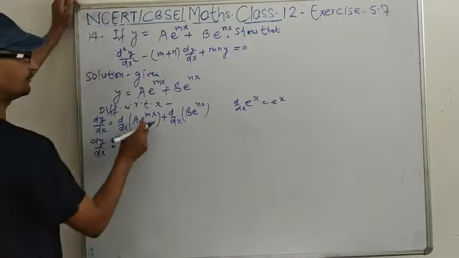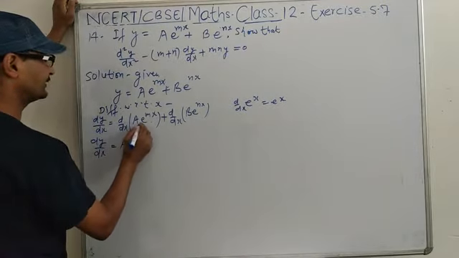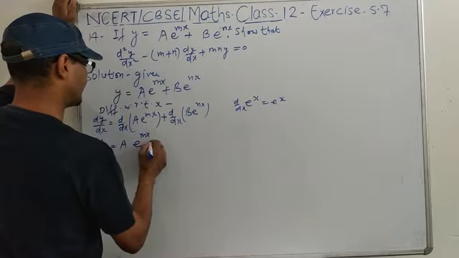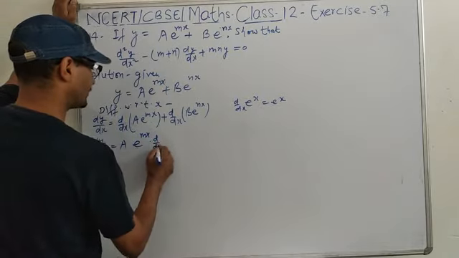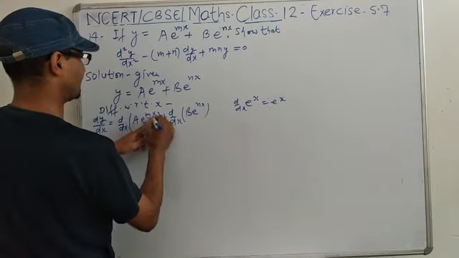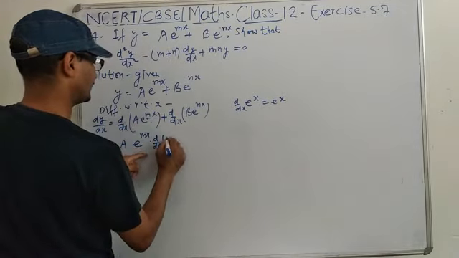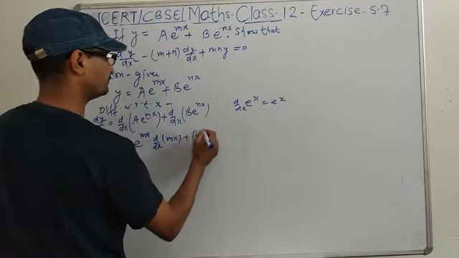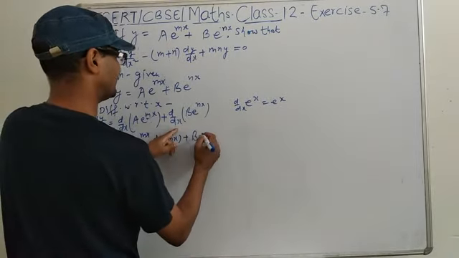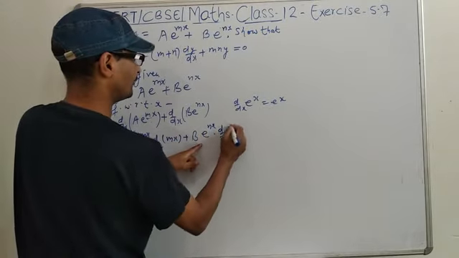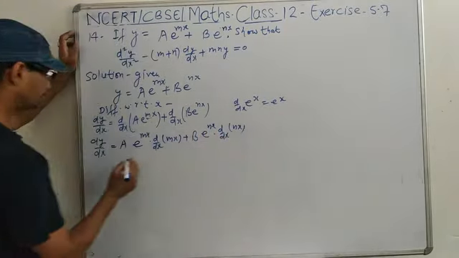If mx behaves as x, then e to the power mx derivative is e power mx, and again the derivative of mx. Similarly, b is constant, e to the power nx derivative is e to the power nx, and again d/dx of nx.